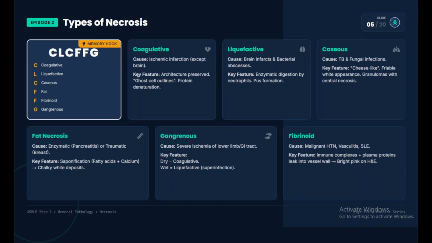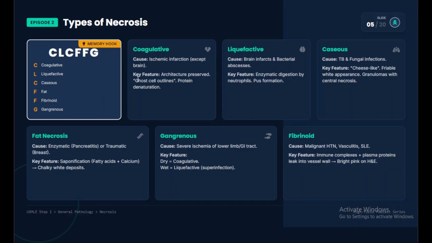Why does this happen? Because proteins become denatured, including the enzymes that normally digest the cell. Since the enzymes are inactivated, autodigestion is slowed, and the structure temporarily remains intact. Classic examples include myocardial infarction, kidney infarction, and splenic infarction. So remember, coagulative necrosis means ischemia plus preserved architecture.